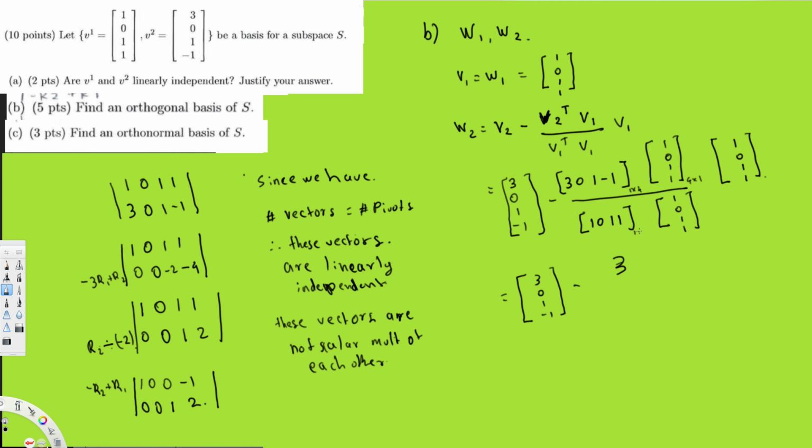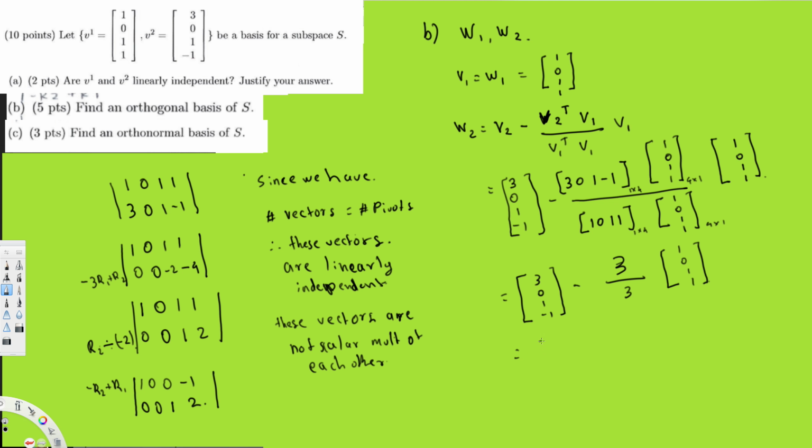This is also a 1 by 4 matrix times a 4 by 1. If I multiply, I will get a 1 by 1, it's a number. So in this case, 1 times 1 is 1, 0 times 0 is 0, 1 times 1 is 1, so 1 plus 1 is 2, 1 times 1 is 1, 2 plus 1 is only 3. And then 1 0 1 1. So 3 divided by 3 is 1, multiplied by this one is going to be itself.